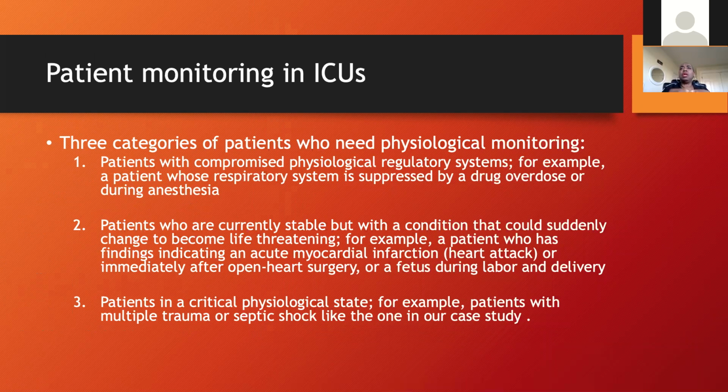Patients who are currently stable, but with a condition that could suddenly change because of life-threatening situations. That's why they're in the ICU in the first place. And then patients who have trauma or septic shock, a great example. We have to continually monitor what's happening to them internally.